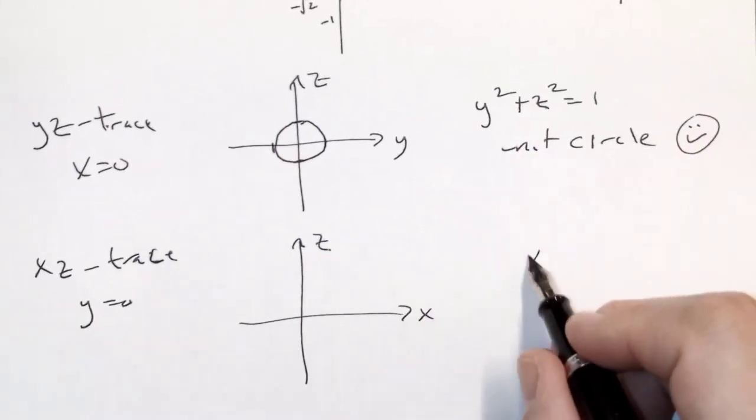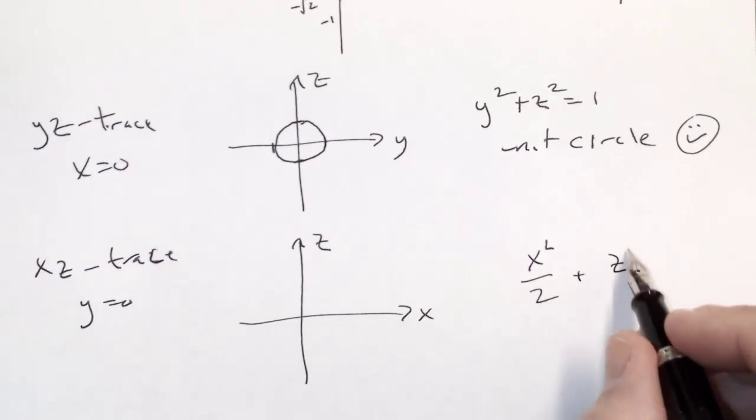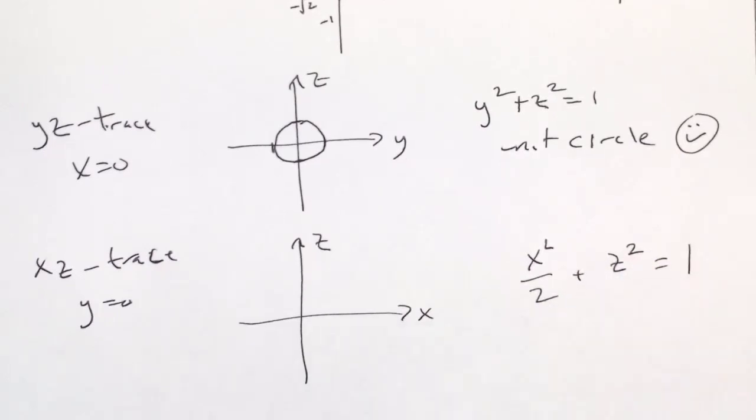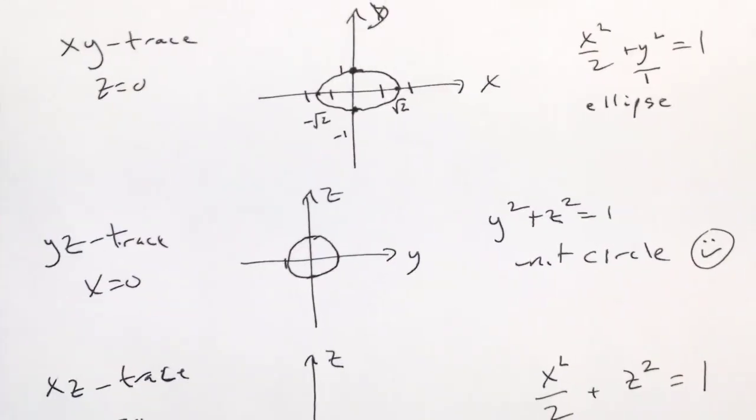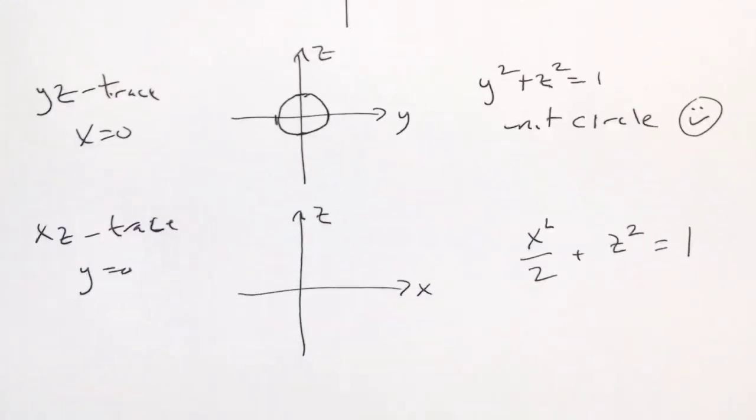But when I crop out Y from my equation, that equation looks really familiar, doesn't it? Isn't that the same equation we had up here? Only changing X for Z for Y. So that means that this trace is also an ellipse.